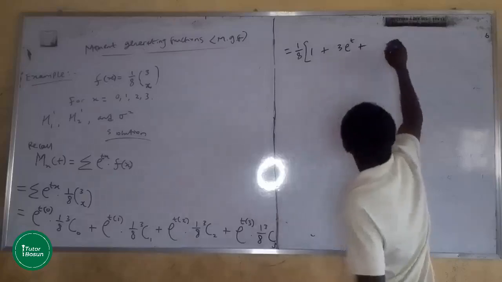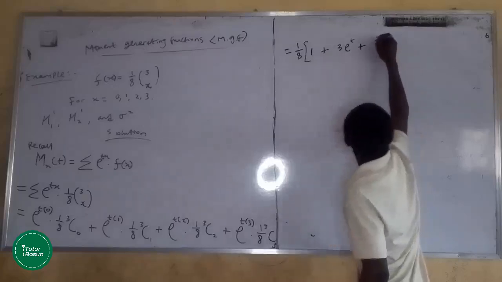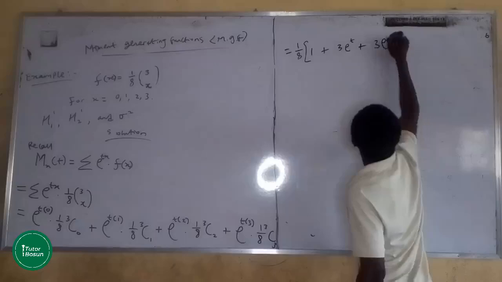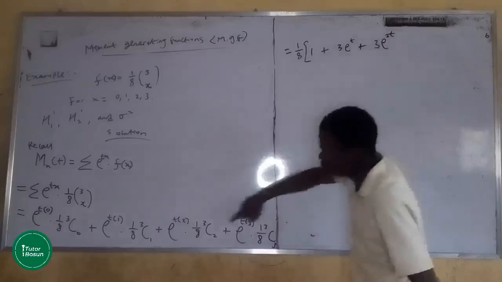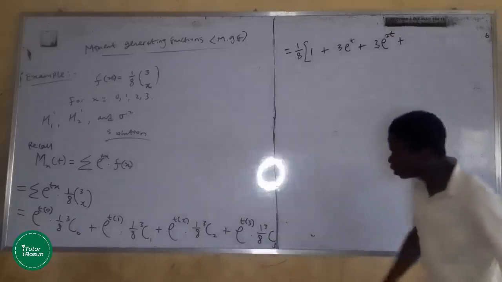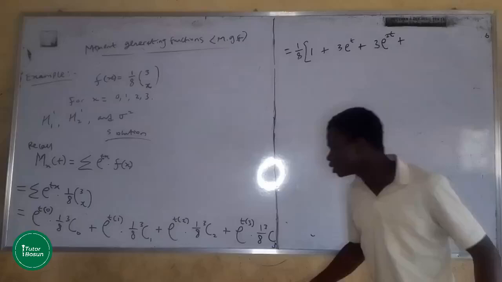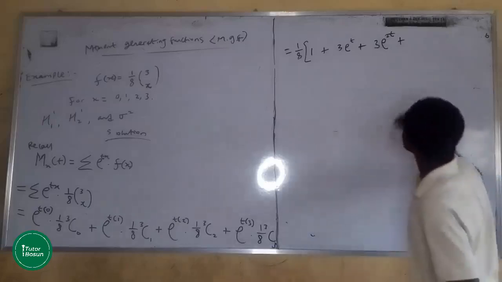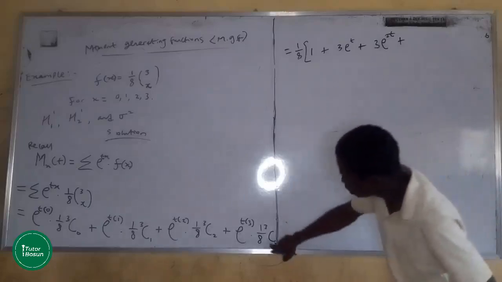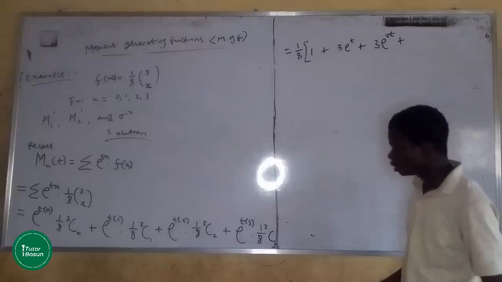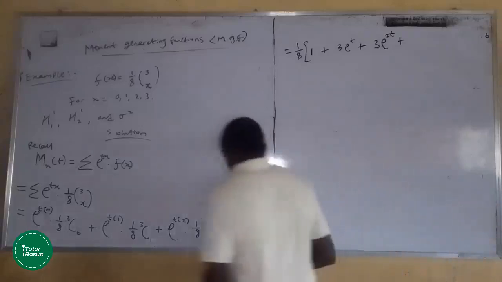So we will be having 3 exponential 2t plus the last one, we have exponential t times 3, that will be exponential 3t, times 3 combination 3. 3 combination 3 will give us 1.